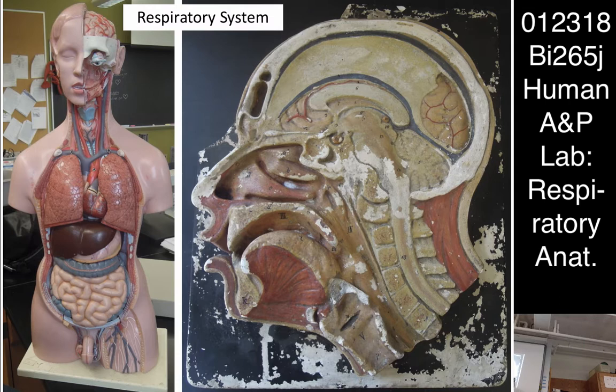The external nares, N-A-R-E-S, is plural; the singular is naris, N-A-R-I-S. Those are the words for the openings in your nose, what we call the nostrils, that lead into the nasal cavity. In the nasal cavity, you're going to have a superior, a middle, and an inferior nasal concha, C-O-N-C-H-A.